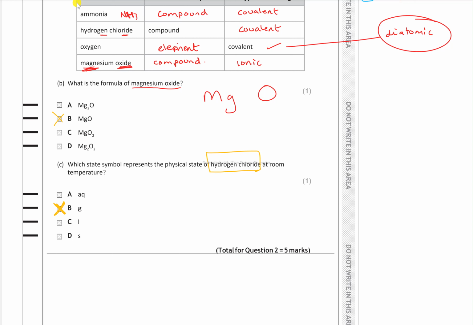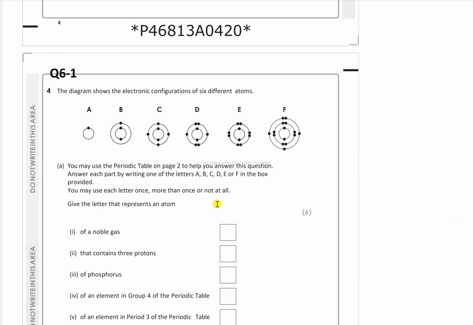And then when you put it into water, it becomes aqueous. And we know that as what? Hydrochloric acid. There you go. Right, we'll call it quits there because it's almost half an hour and then we'll move on to the next one.